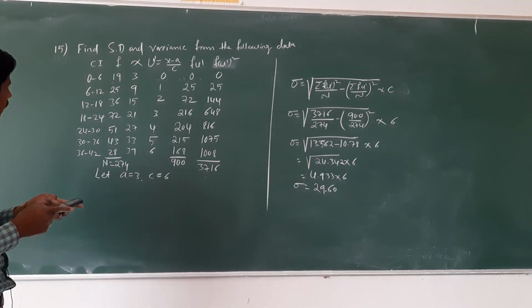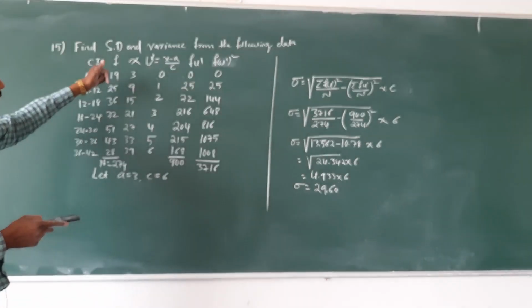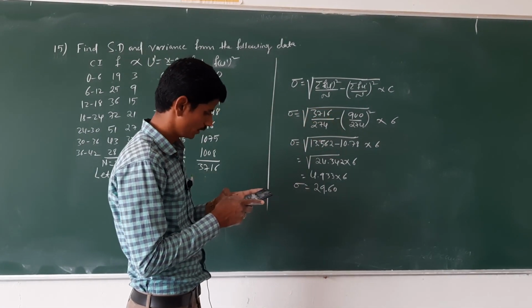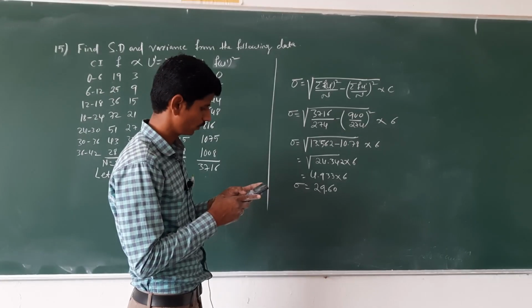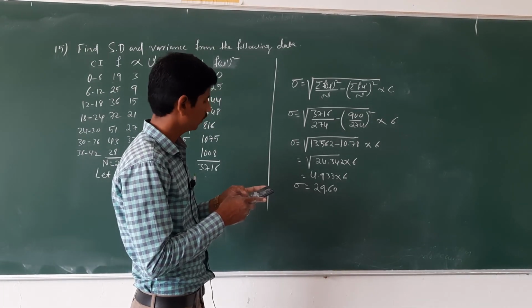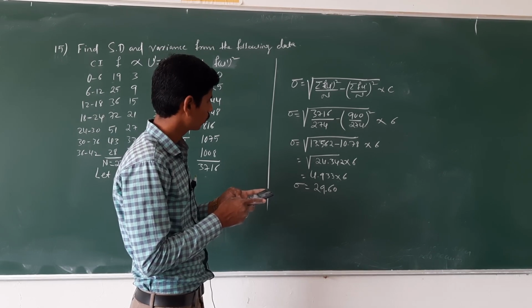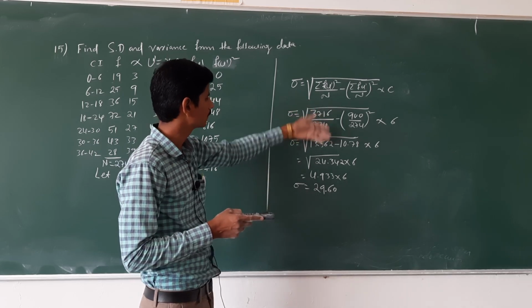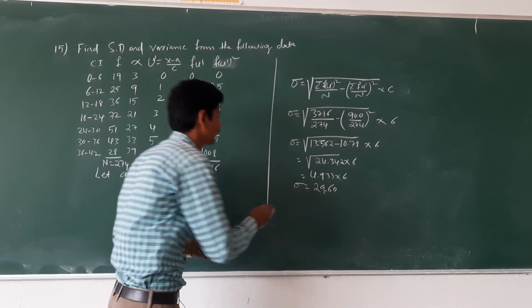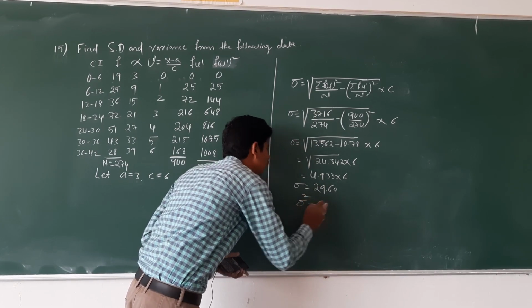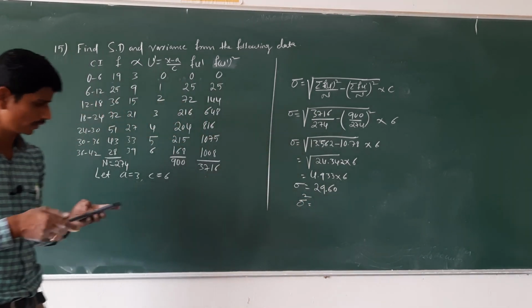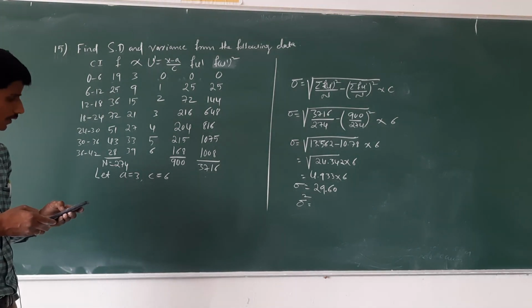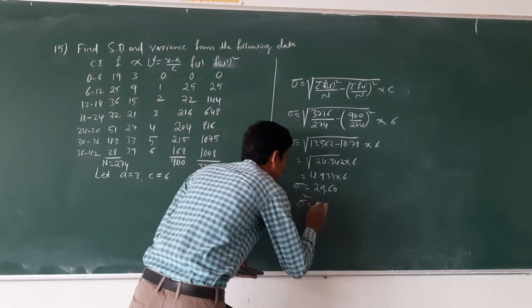Fu dash square 3716 divided by 274, 900 divided by 274 is 3.28. Its square is 10.78. Then next find the variance, that is sigma square. Sigma square equal to what? 29.60, its square is 876.16.